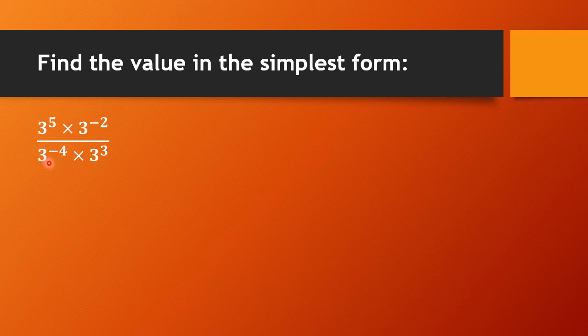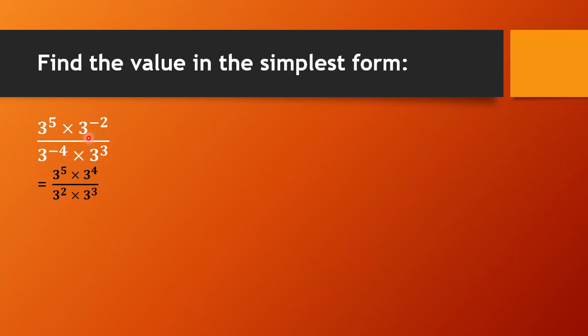When I want to make 3 power negative 4 to be 3 power 4, I will move it from the denominator to the numerator, like 3 power 5 times it, with the opposite sign of the power. After that, I move 3 power negative 2 from the numerator to the denominator as a positive power.